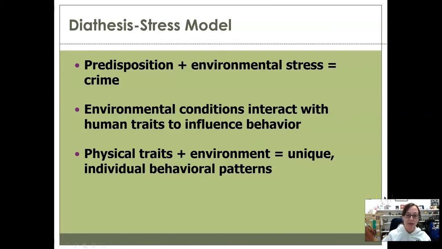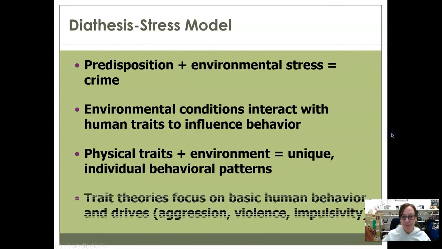And so it's going to be this combination of the physical traits and the environment. So the diathesis-stress is all about that combination of something biological or physical, something about the individual person, plus that environment. But then that creates something unique, because nobody's going to have those same two combinations of traits and environmental experiences.